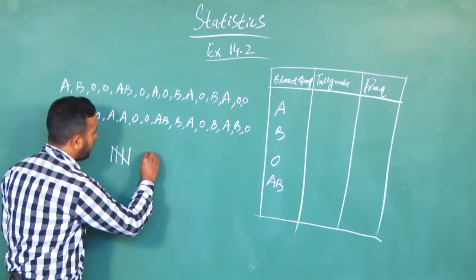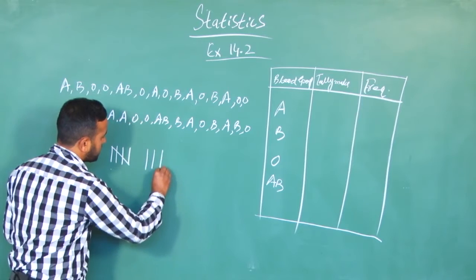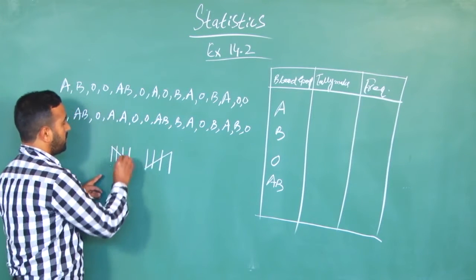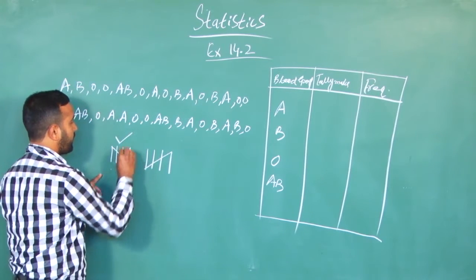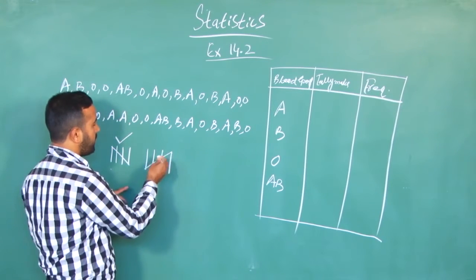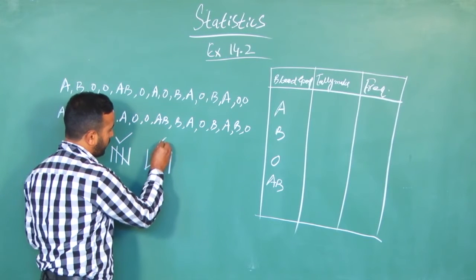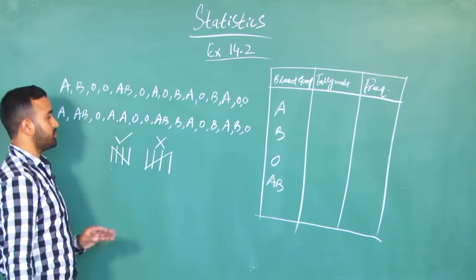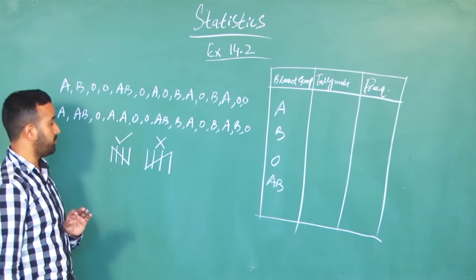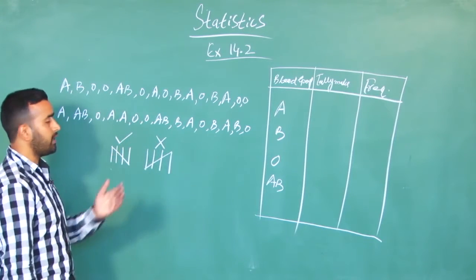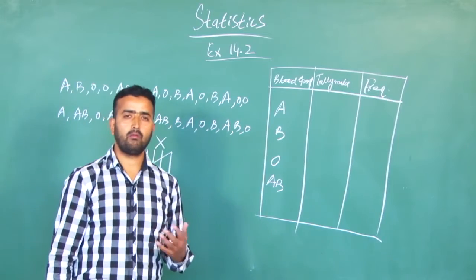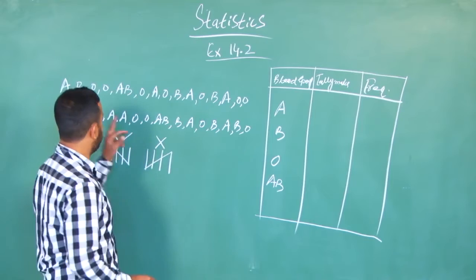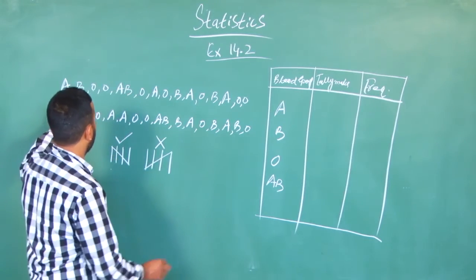If we cross it like this, remember this, this is the right way of counting by tally marks, and if we cross it like this, it will be the wrong way. This needs to be remembered, as sometimes we make mistakes while counting with tally marks.